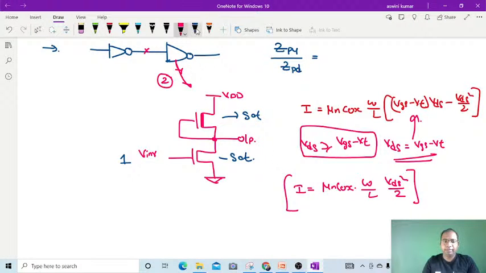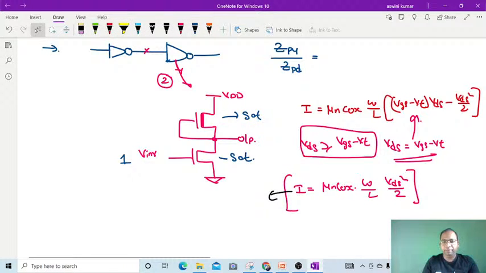So it is the case of the current in the saturation point. Now we are taking that both the two transistors are in the saturation mode, right? So now I can apply this equation to the depletion MOSFET as well as to the enhancement MOSFET. Are you clear about this?